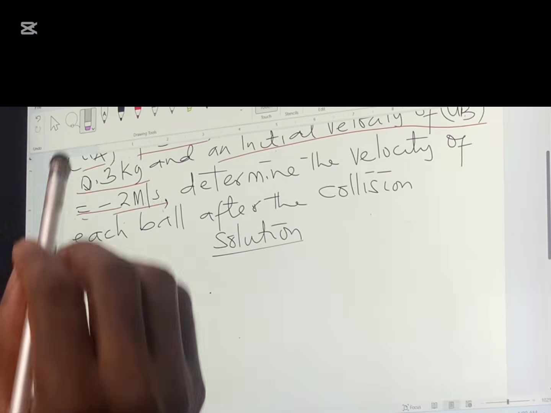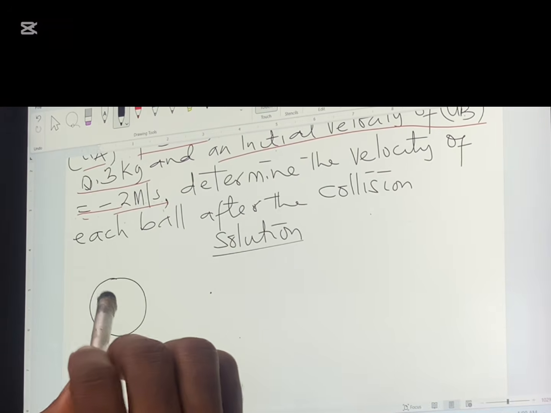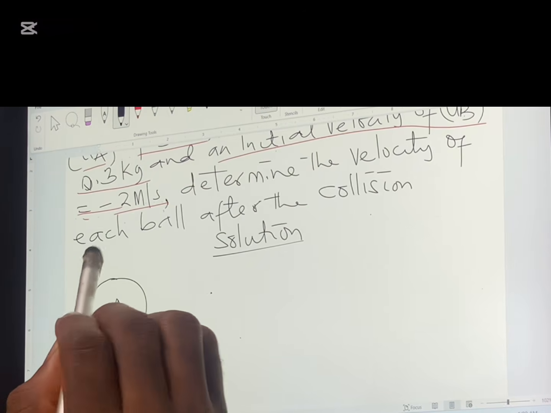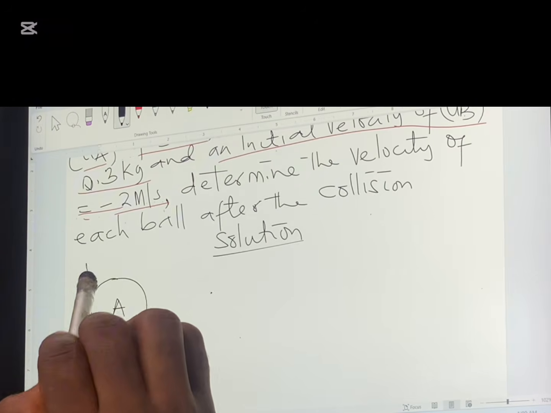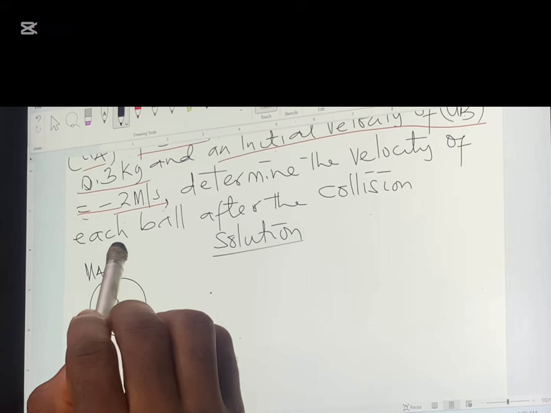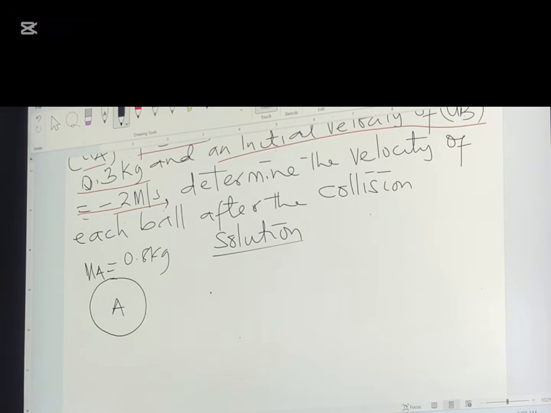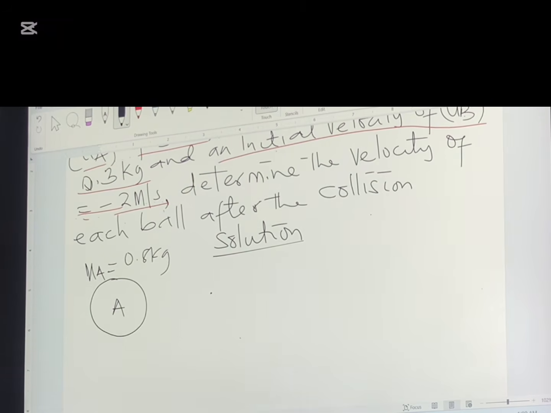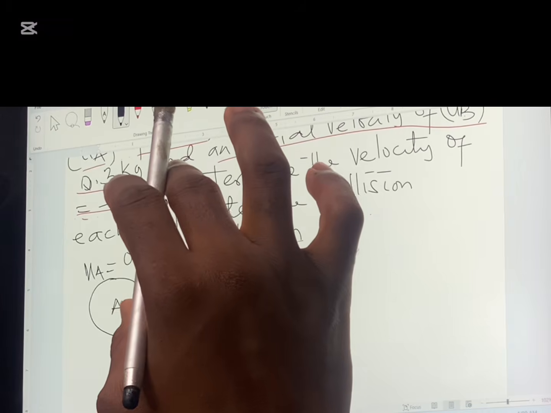We are given ball A, that is, this is ball A. The mass of ball A from the question here is 0.8 kg. Now, this ball A is moving with a particular initial velocity because this is before collision, okay?